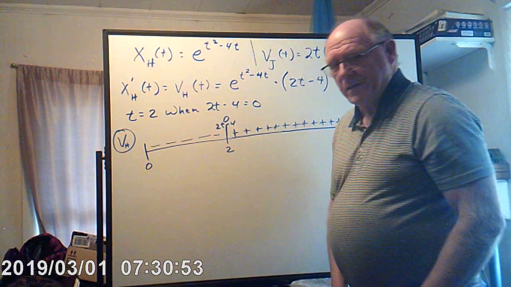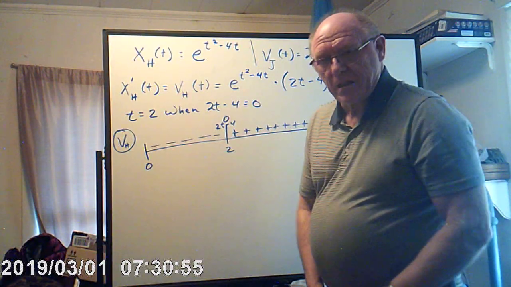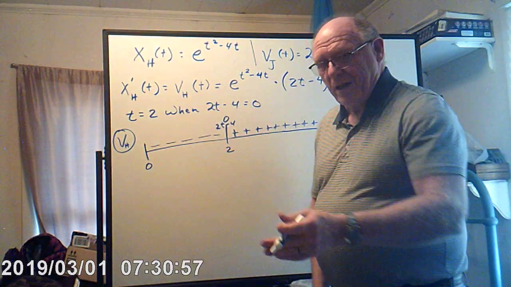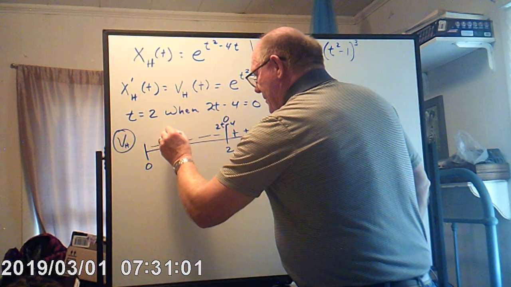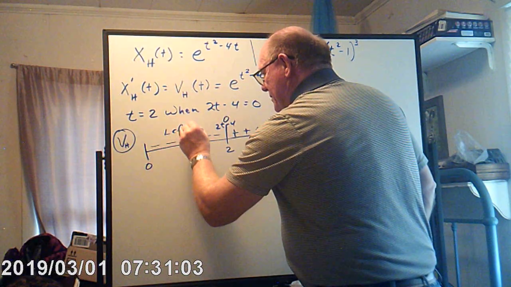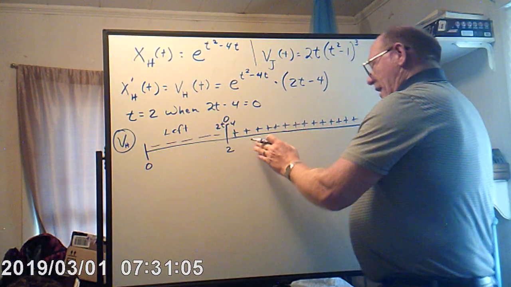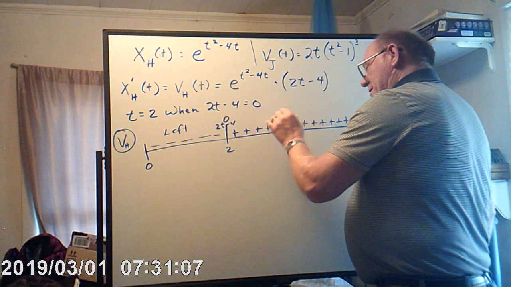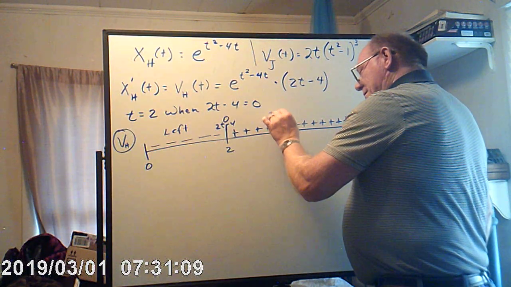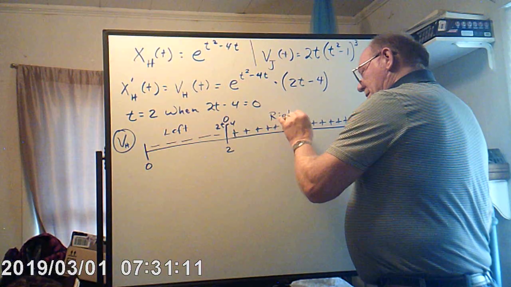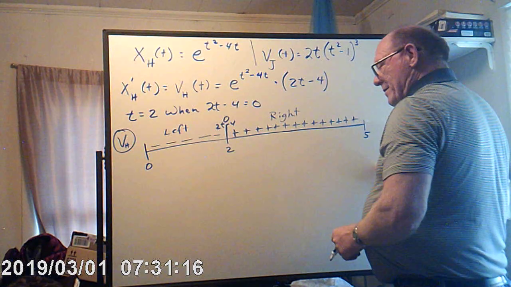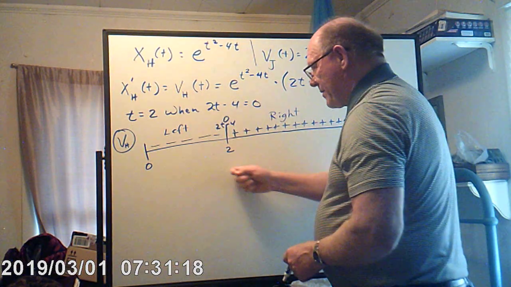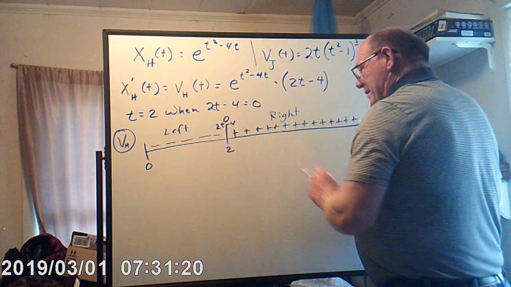Now, what does negative and positive mean? If you're thinking that the particle's going left from 0 to 2, you are absolutely right. And these positives mean that the particle is moving to the right when we're greater than 2, in between 2 and 5.